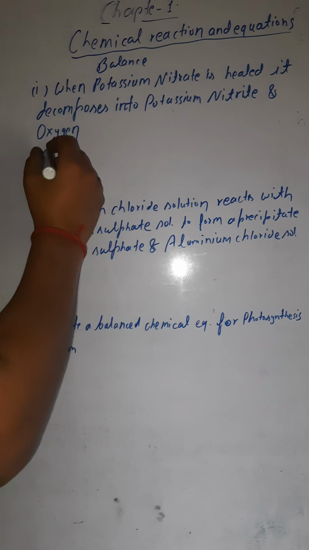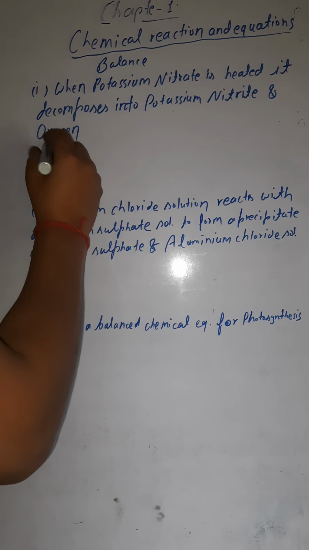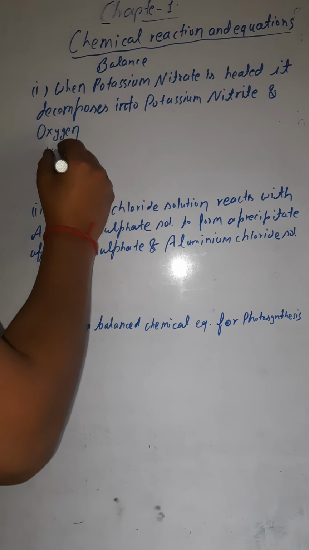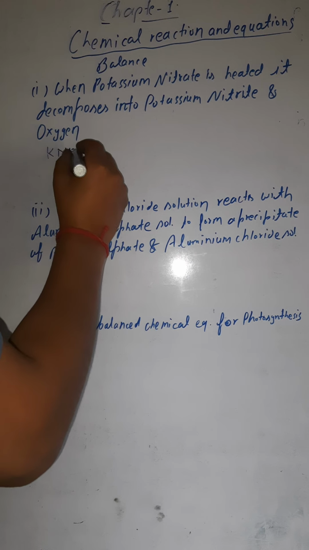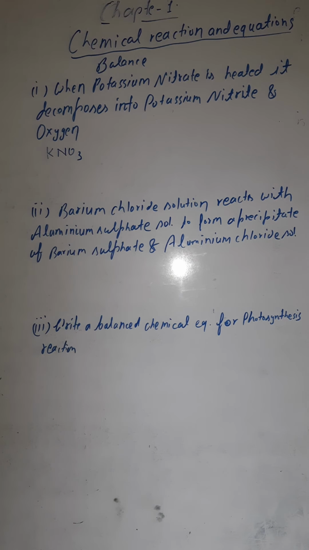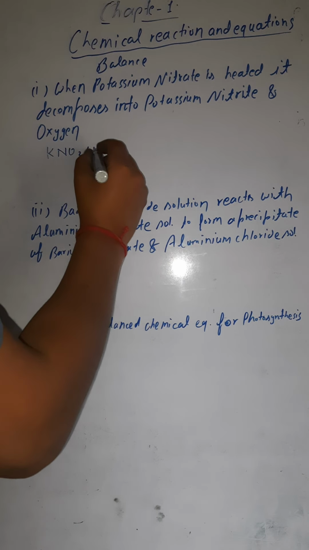When potassium nitrate is heated, it decomposes into potassium nitrite and oxygen. So you have to know the chemical formula of potassium nitrate first, that is KNO3. This is known as potassium nitrate and its state is solid.